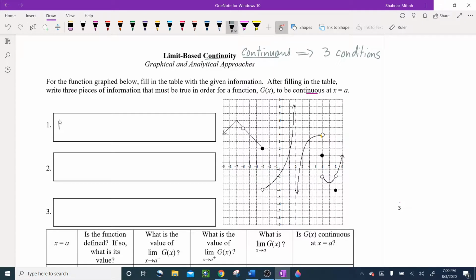Okay, the first condition. For example, this is my function f. So I can say the first condition is f of a must be defined. What does defined mean? Defined means when you plug in an x value in any function, you will get y. Like it's a closed circle, it's not a hole. For example, in this graph, if you pay attention, this is a hole.